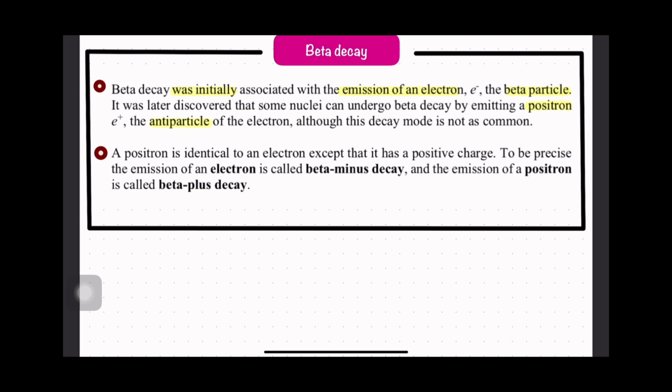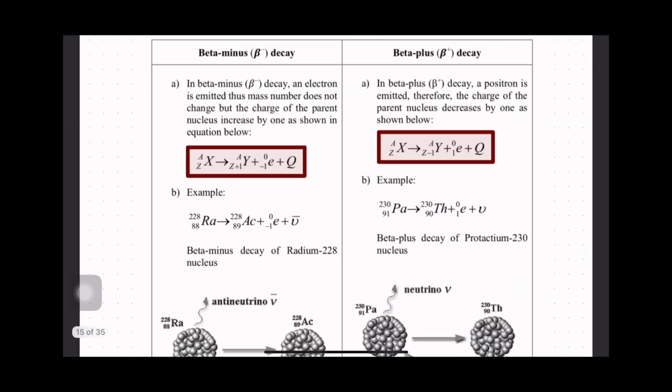To be precise, the emission of an electron we can call a beta minus decay, and the emission of a positron we can call a beta plus decay. So if we look at the difference here, beta minus decay and beta plus decay differ only in the charge and proton number.